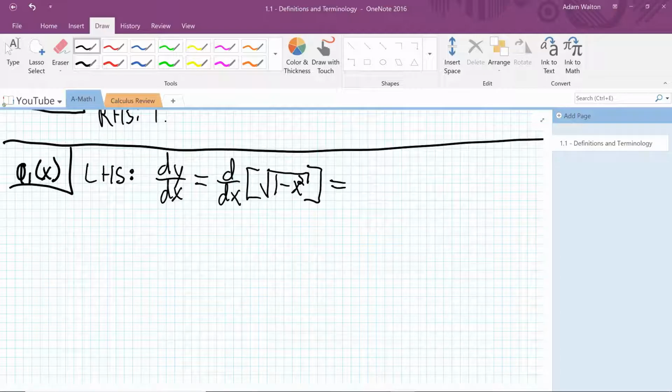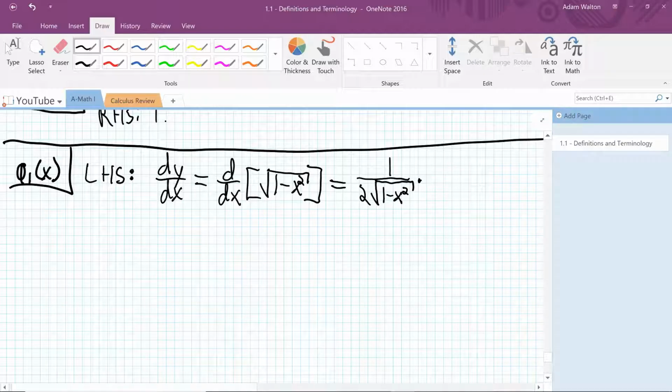So that's just going to be 1 over 2 times the square root of 1 minus x squared. Right? The 1/2 portion is, of course, from the fact that the square root is the equivalent of a term to the 1/2 power. And then, of course, we just have to plop whatever is here in our original root on the bottom, because now it's 1 minus x squared to the negative 1/2, meaning that our square root is in the denominator. So now we're multiplying by the derivative of the interior.